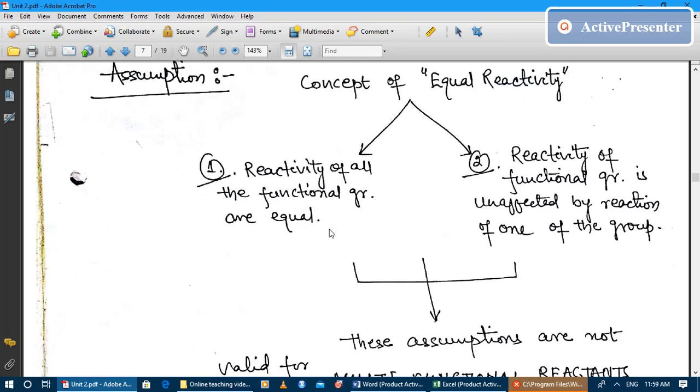Again, however, this is also not 100% possible, because once the functional groups are attached to a bulkier polymer chain, definitely the mobility of the entire diacid molecule will be hindered and it will affect the reactivity of the second functional group. But in order to develop the reaction kinetics of a step polymerization reaction, these two assumptions have to be made.